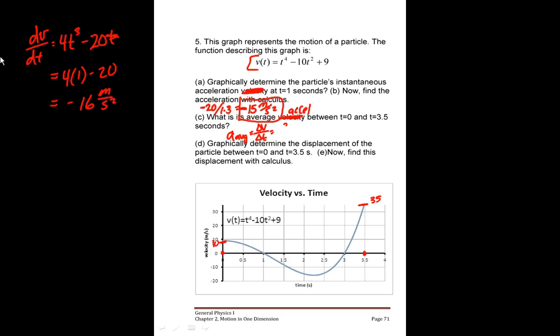So it's going to be 35 minus 10 meters per second, and then my change in time is 3.5 minus 0 seconds.